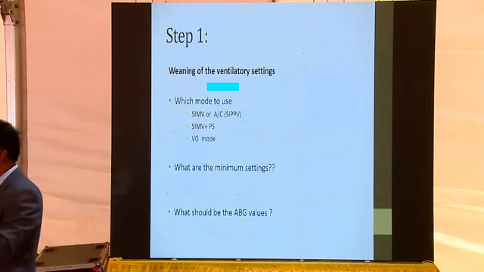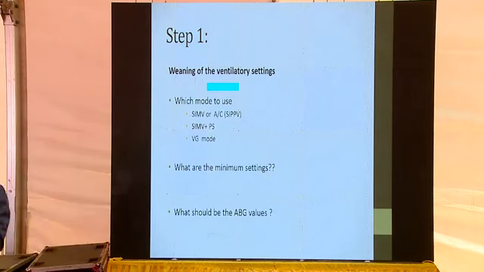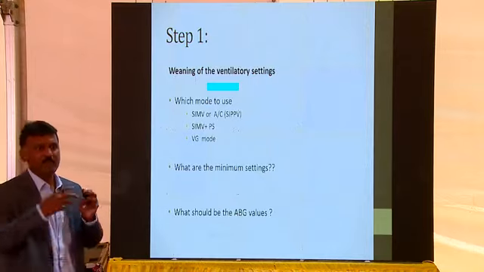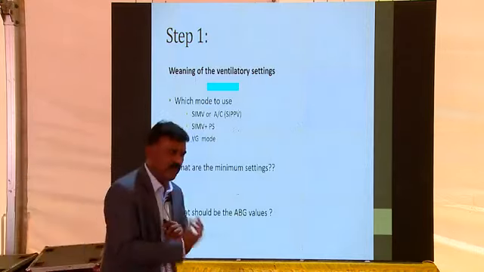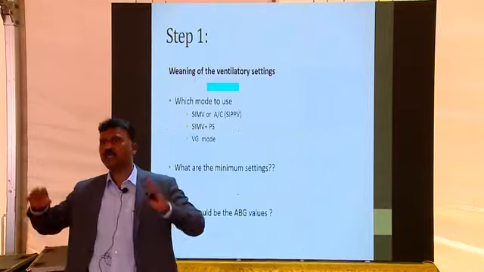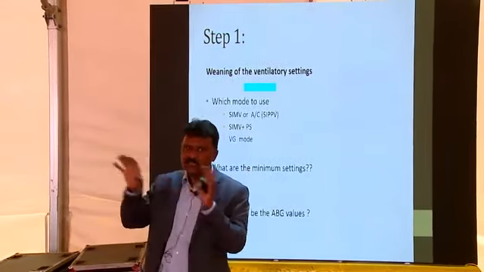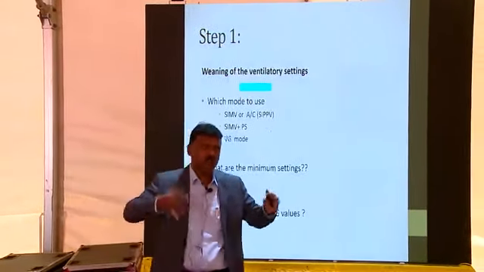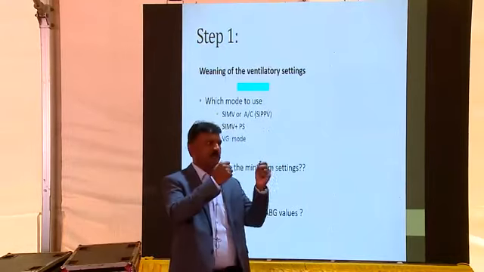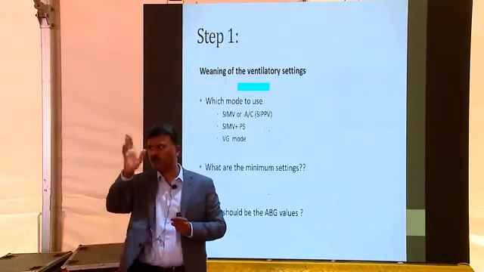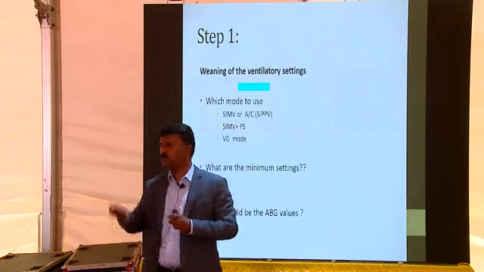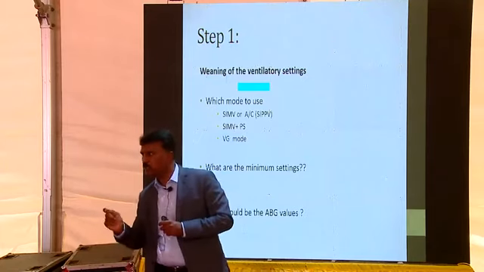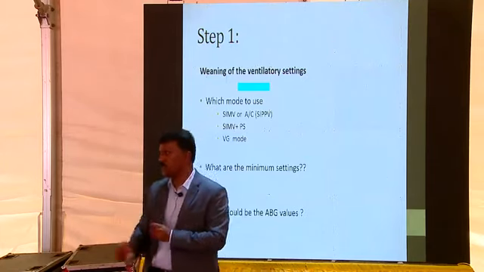The target is to get the baby out of the sickness and off the ventilator, and this will only happen if you start accepting slightly abnormal values. If the PaCO2 is 35 to 40, I am coming down on the pressures.